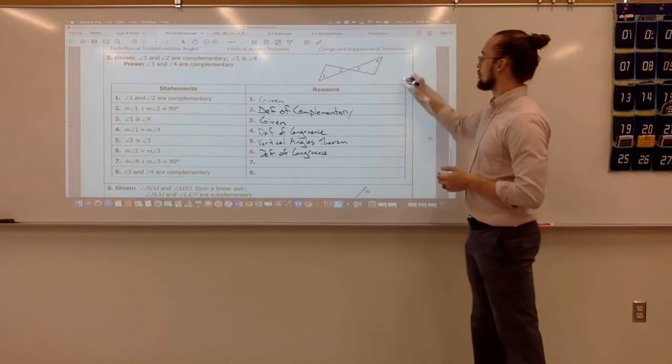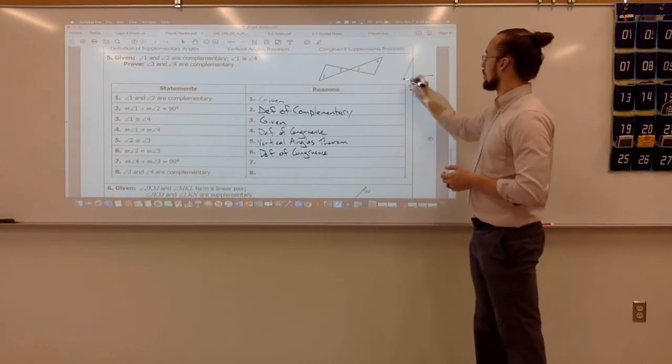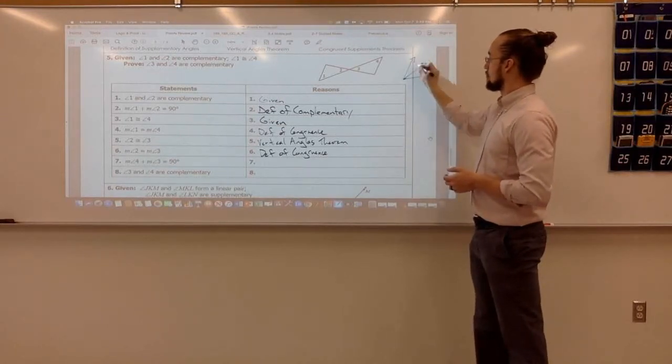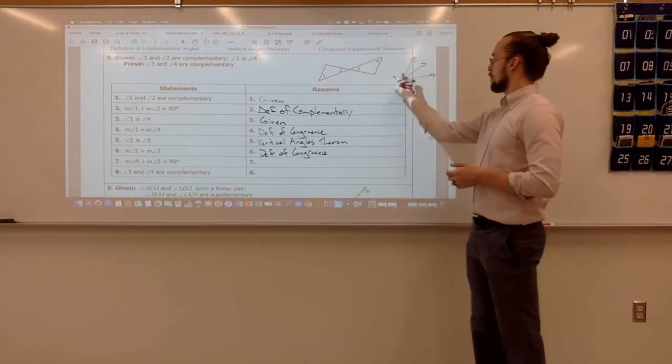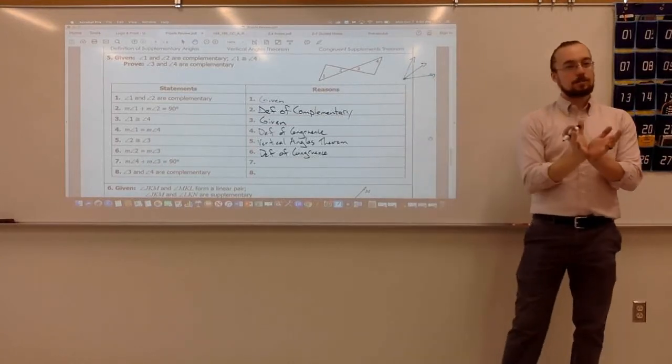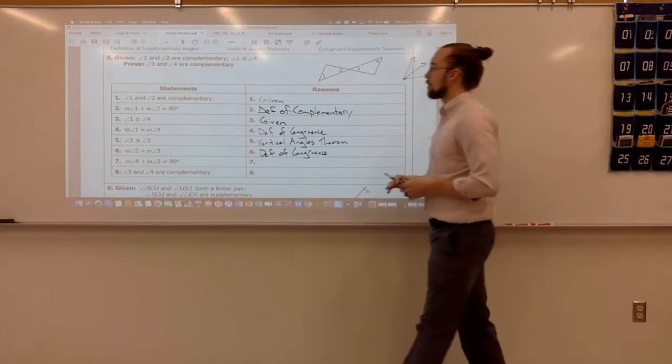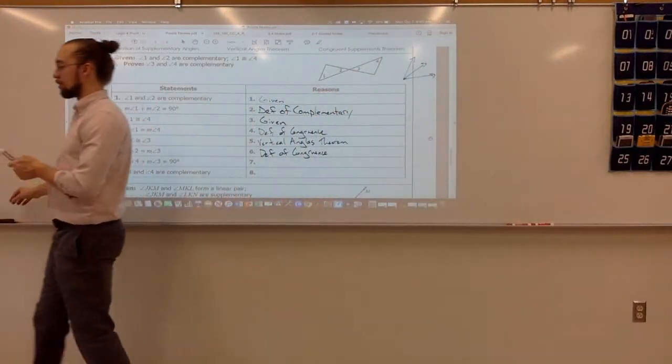For it to be angle addition, we'd be saying this angle plus this angle equals the whole thing together. That's not really what's happening in this picture.